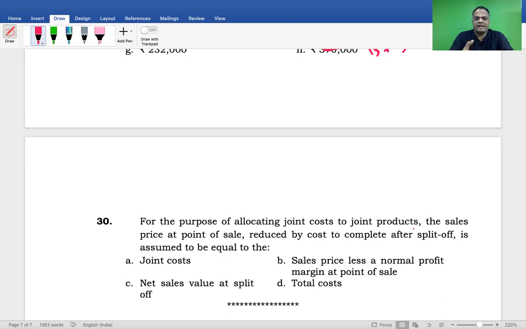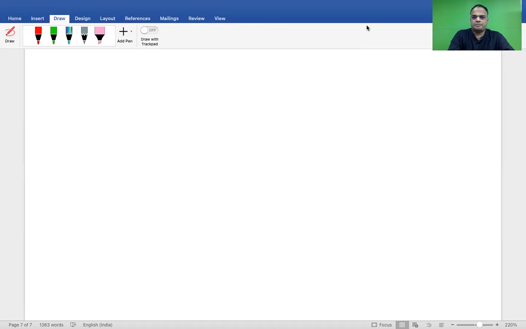Sales price less cost to complete after split off is assumed to be equal to what? Sales value at split off point. C is the answer. That's all, no? Yes, sir. Good.